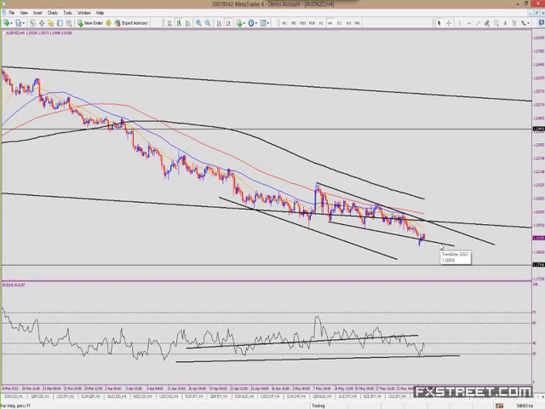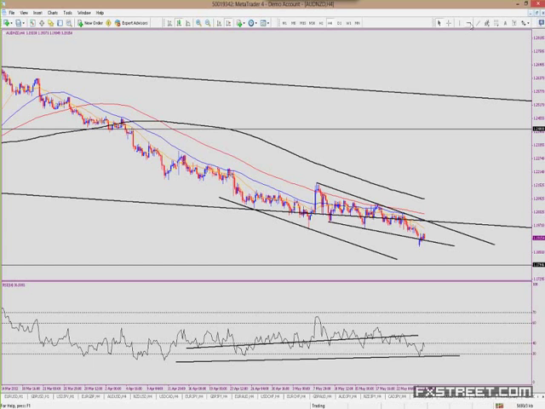Now we're looking. We know that we have a channel support that's broken. We know that 1.18 could be a key support. So knowing that we have some support here gives us a little more confidence to play against the trend. But still, if you're going against the trend, you need to see the break of some bottoming action, at least a falling wedge to break.